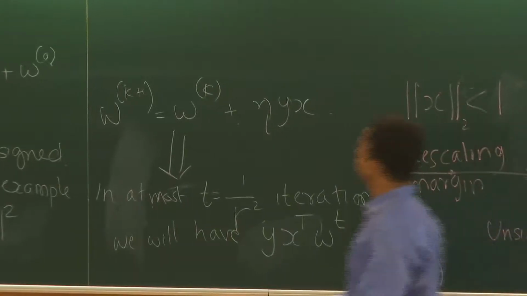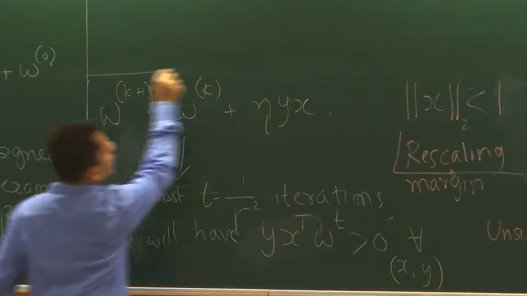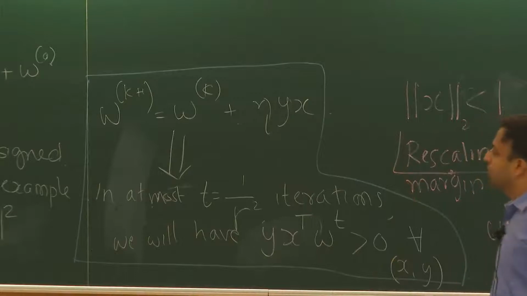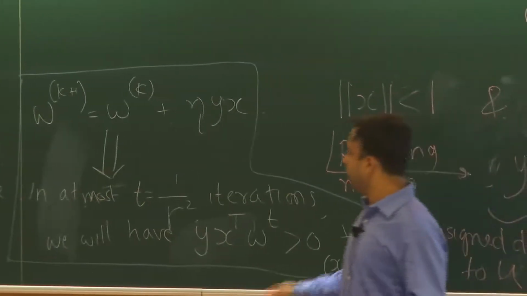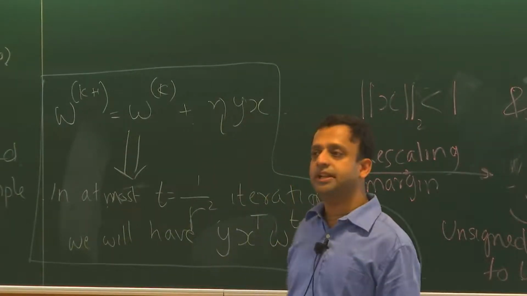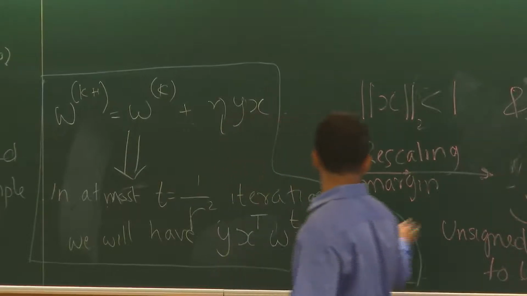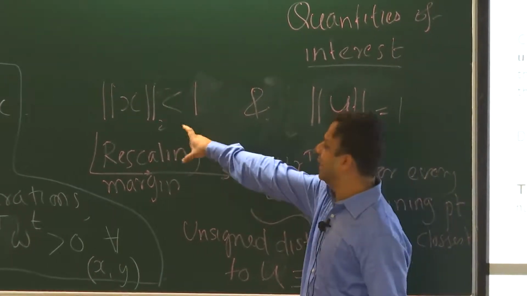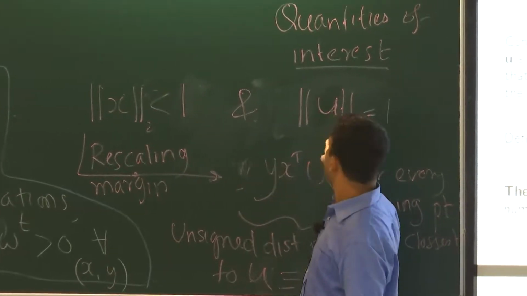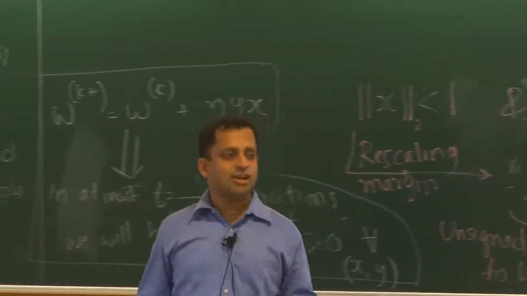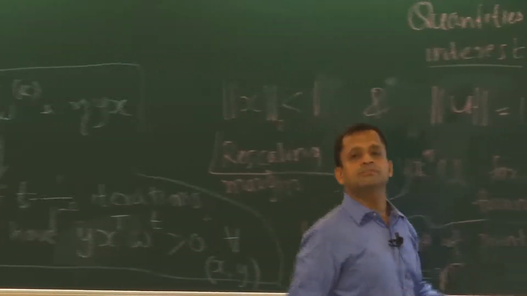This is the claim we are making. In at most t equals 1 upon gamma square iterations, we will have this condition satisfied for all points, the condition that unsigned distance is greater than 0. This is assuming that the unsigned distance of points closest to the targeted u is gamma, and all the points lie within a sphere of radius 1. The target u, in which we are interested in the direction and not really the magnitude, also has magnitude 1.